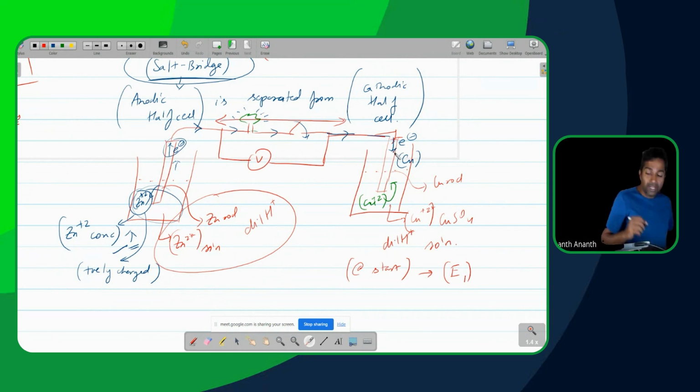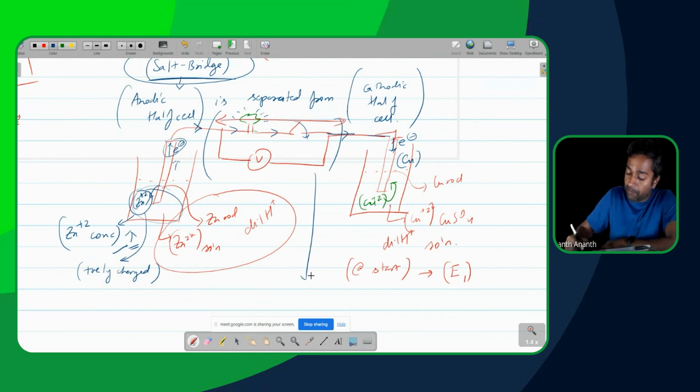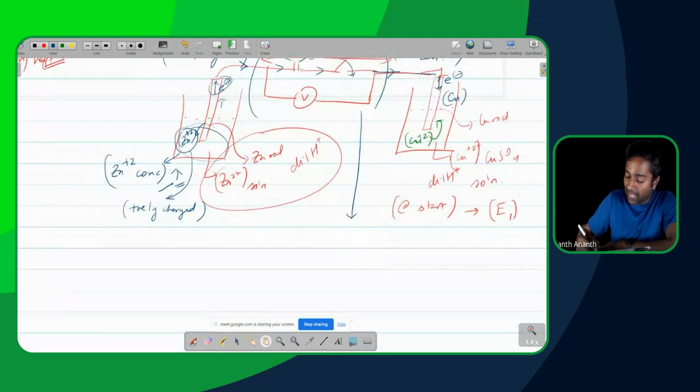So when I say tendency of the reaction to happen, what does tendency of the reaction to happen mean?